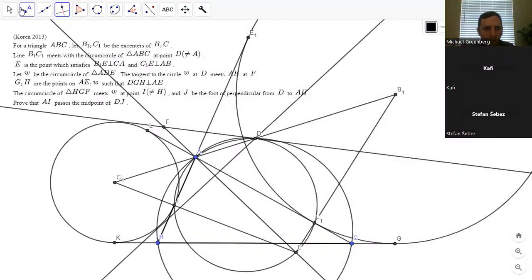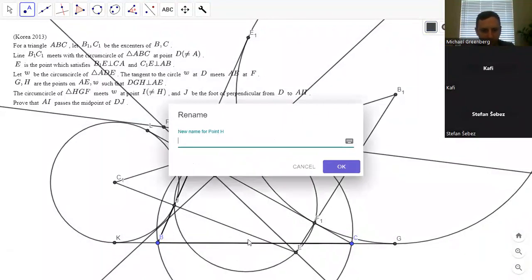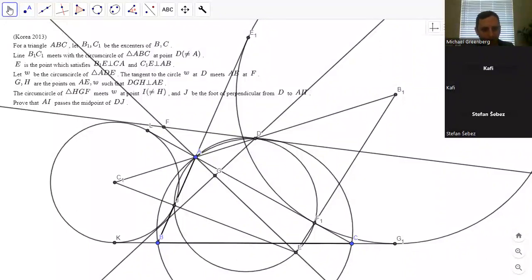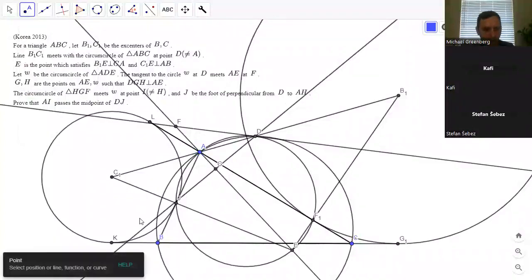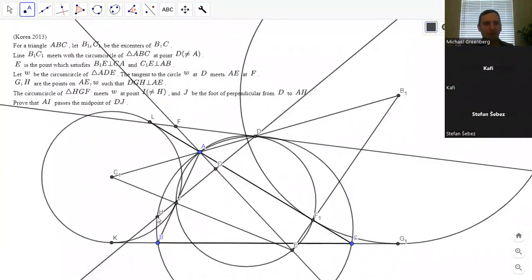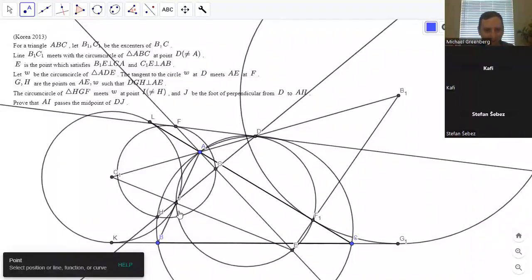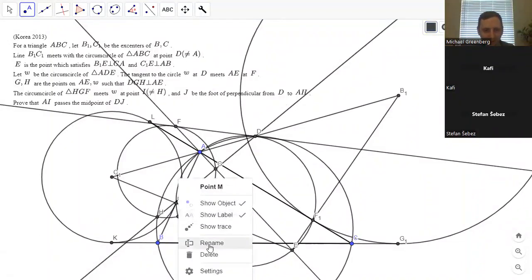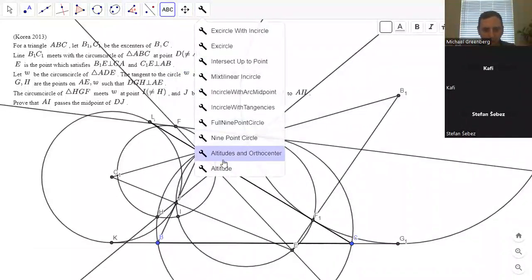So this is G, and this is H. It seems awfully complicated. And we draw the circumcircle of HGF, and it meets, this is so weird, at I and J. I might even have a tool for the foot of the altitude.